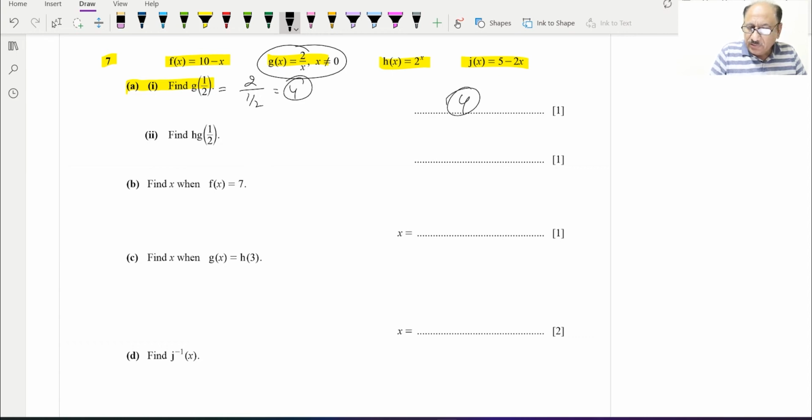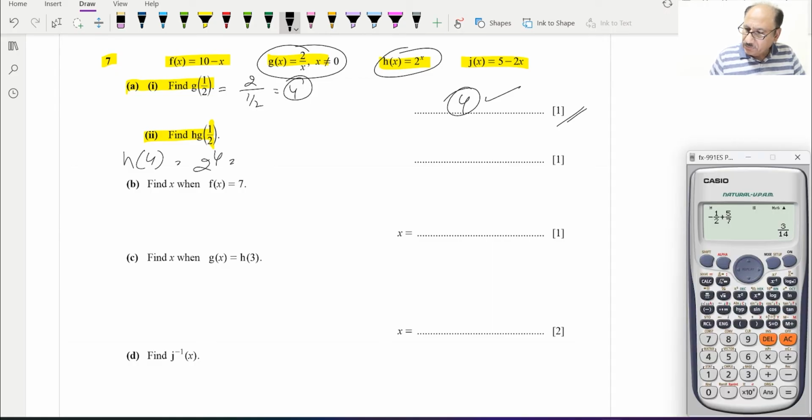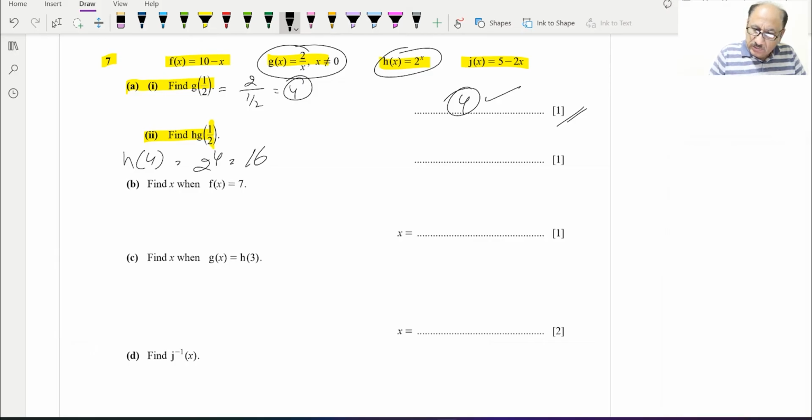So we can write the answer as 4. Then find h of g of 1 by 2. So g of 1 by 2 we already found, which is 4. So we will find h of 4. We will replace in this. So it will be 2 raised to power 4, which is equal to 16. So 16 we can write here. This is also for 1 mark.